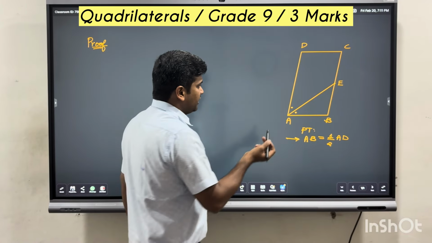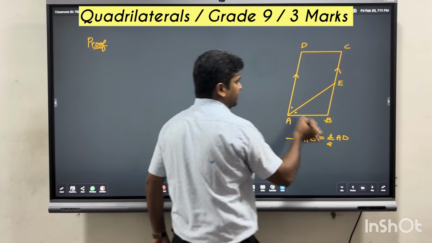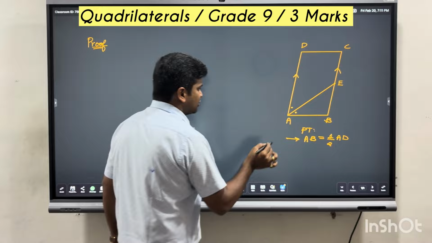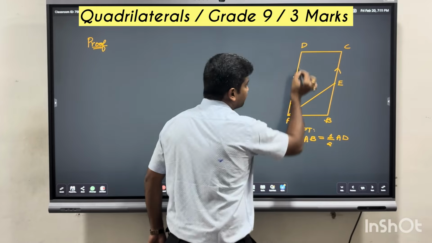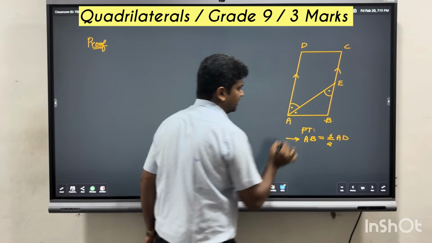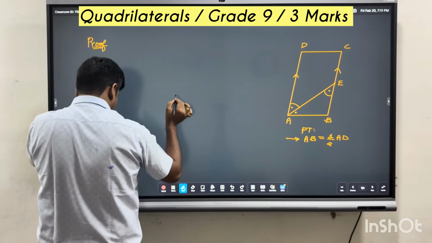AD and BC are both running parallel to each other because it's a parallelogram. So this angle has to be equal to this angle. Alternate interior angles. So let's name those angles.